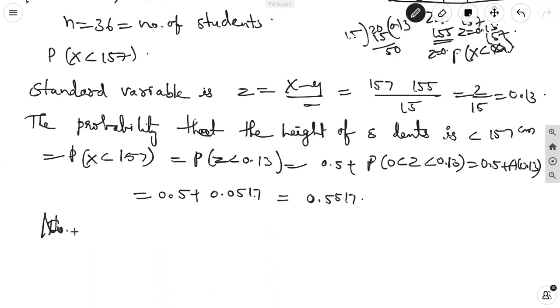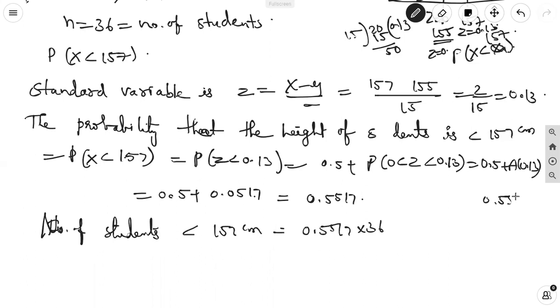The number of students less than 157 centimeter equal to 0.5517 into 36. 5517 into 36, 6 7s are 42, 4, 1, 0, 3, 1, 3, 3, 7, 3s are 21, 2, so 3 1s are 3, 5, 15, 1, 16, 2, 1, 6, 8, 9, 1.